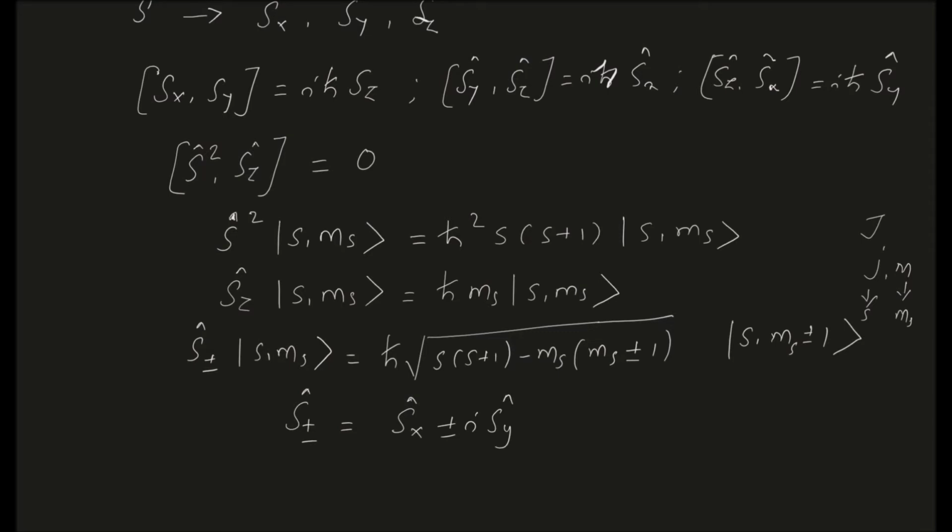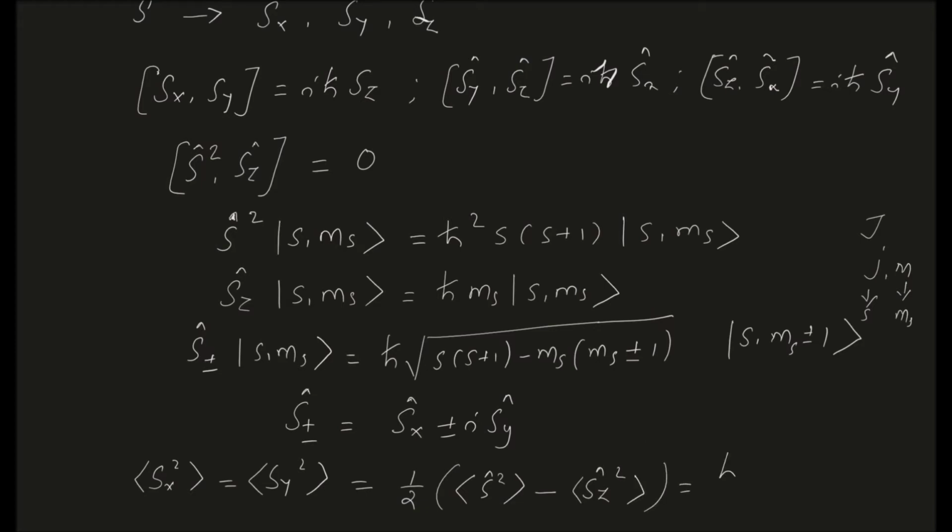Okay. And you can also show that the expectation of S_x squared is equal to the expectation of S_y squared, and this is equal to half of the expectation of S squared minus S_z squared.